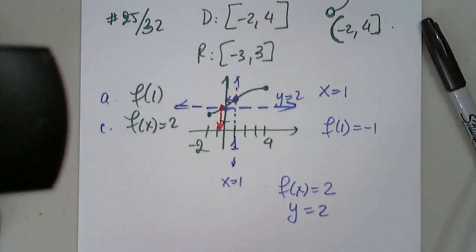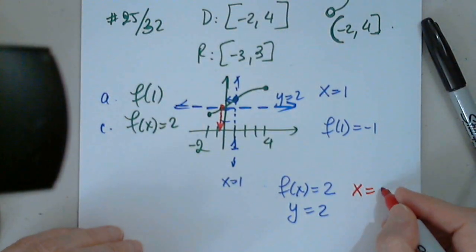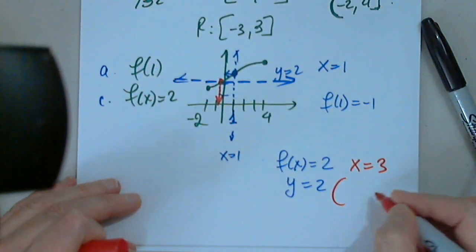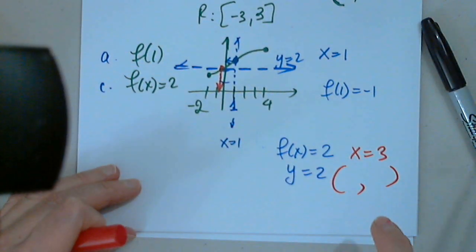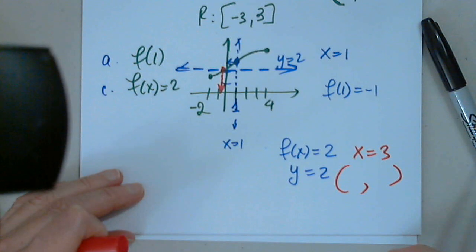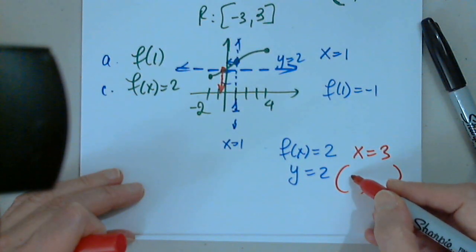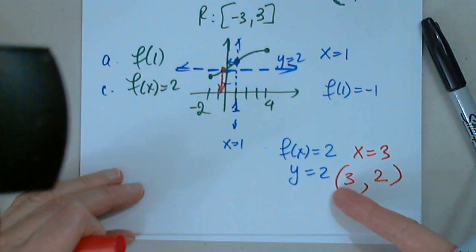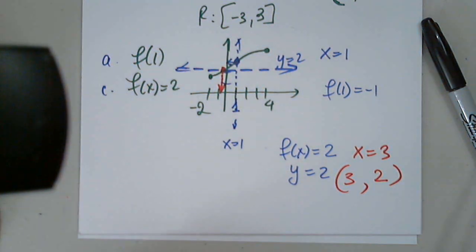X is 3. Awesome. Well done. So x equals 3. Because we read from which point? Can anyone give us the point we just read from? Three, 2. Of course, x is always first, y is second. Awesome. Great job.